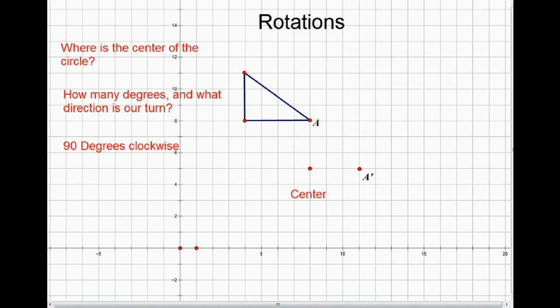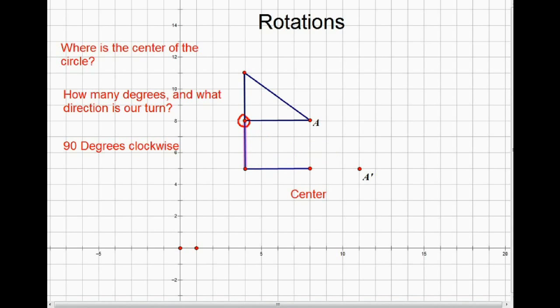Now for the next vertex here, because I want to make a turn that's 90 degrees, if I just draw a straight line from the center of the circle to the edge there, it's a little bit hard to tell where that will end up if I turn it 90 degrees. So instead, I'm going to draw a propeller that only uses horizontal or vertical lines. So we can go horizontally there and vertically there.